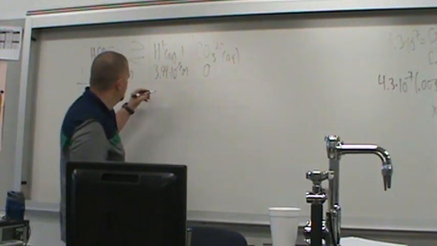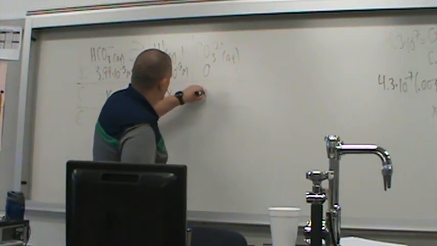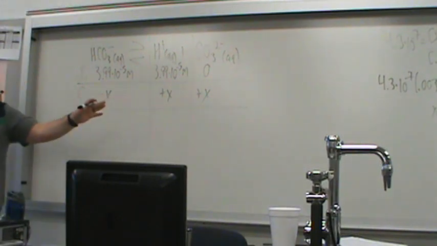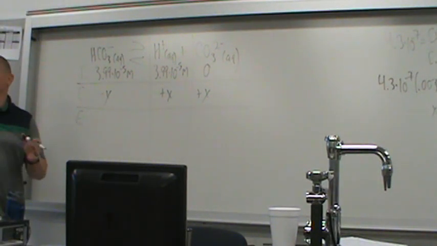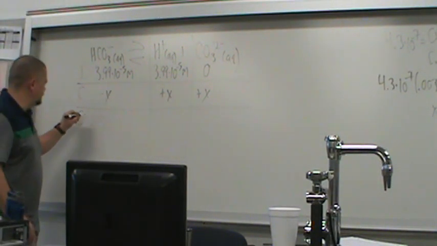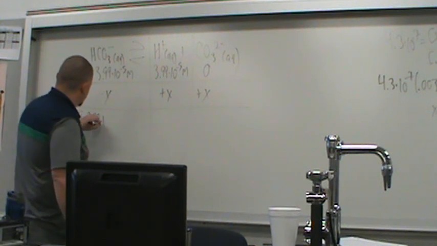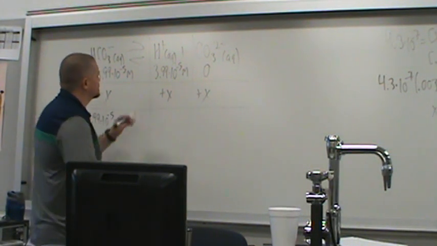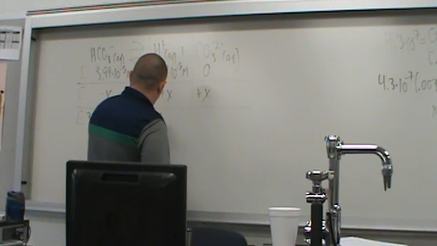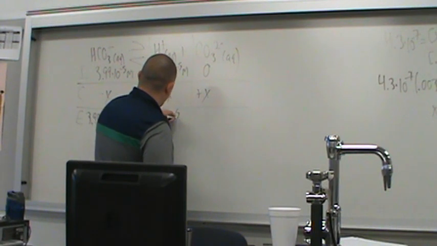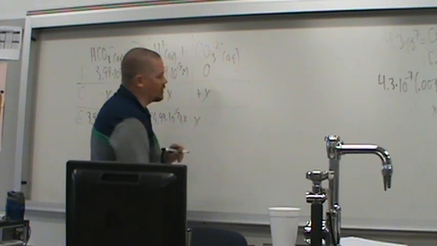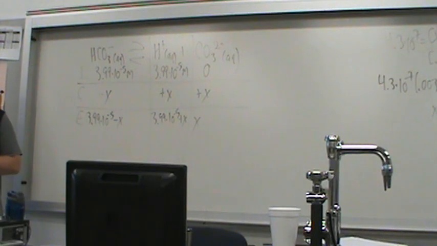Okay? All right, so for the hydrogen ion and the carbonate ion, its change is going to be a positive X. Equilibrium, 3.99 times 10 to the negative fifth minus X. For the hydrogen ion, 3.99 times 10 to the negative fifth plus X, and for carbonate, it's X.